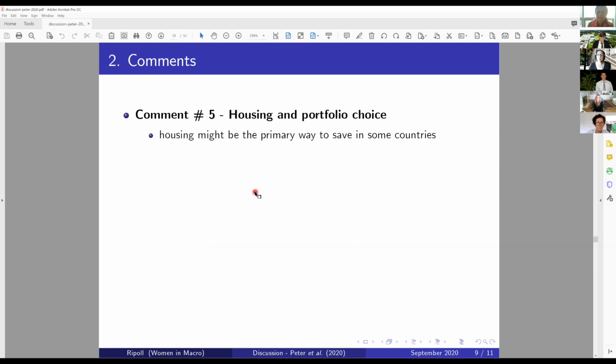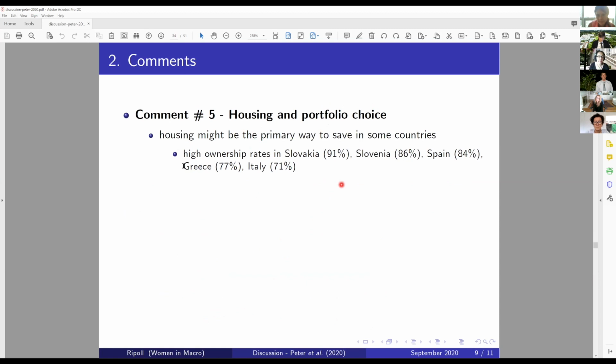The other thing I thought about is the following. In the paper, there is no uncertainty, there is no portfolio choice in the model. However, when I look at the data and I see the high ownership rates in Slovakia, Slovenia, Spain, Greece, and Italy, I wonder whether part of the reason ownership is so high in those countries is simply that people don't know where else to put their savings.